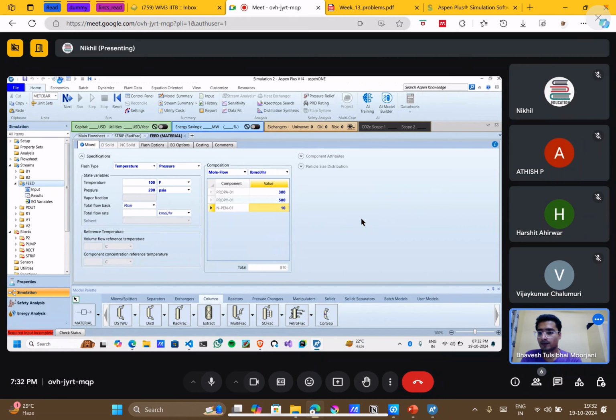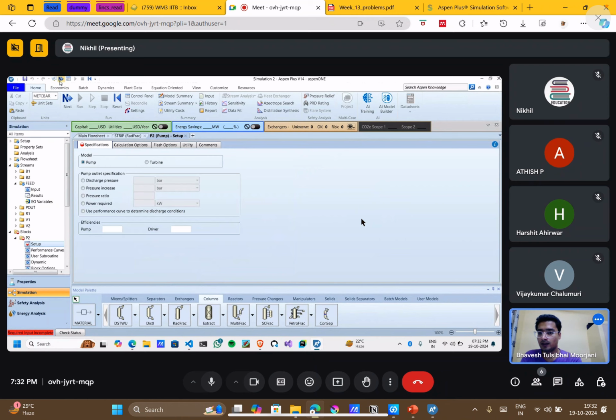This is P2. Pump 2 increases the pressure. The intercolumn pump 2 has increased pressure by 25 psi, so the pressure increase is provided as 25 psi. Only psi.